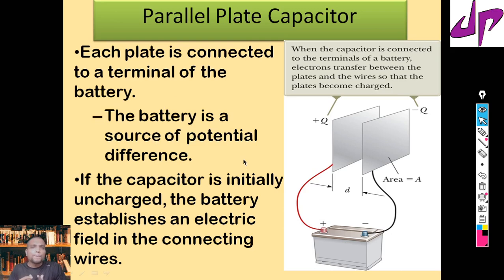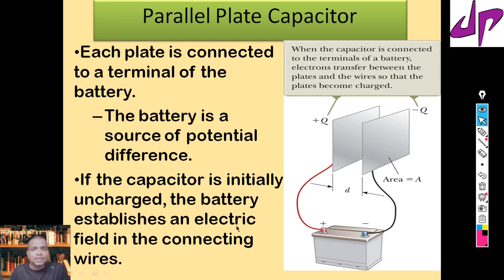What was the total mechanism? I would like to summarize. First we need to take two conducting plates, and those conducting plates are initially uncharged. Now we need to connect them to a battery. What happens?